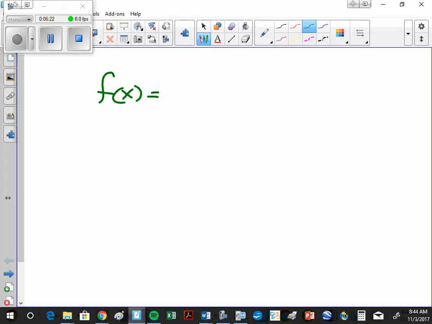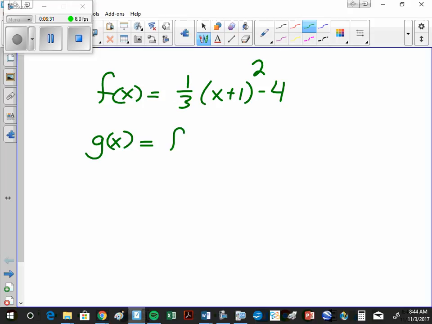If f of x is 1/3 times x plus 1 squared minus 4, and g of x is f of x plus 3, what do I do? Change the -4 to a -1.